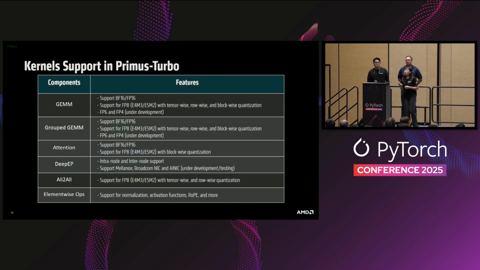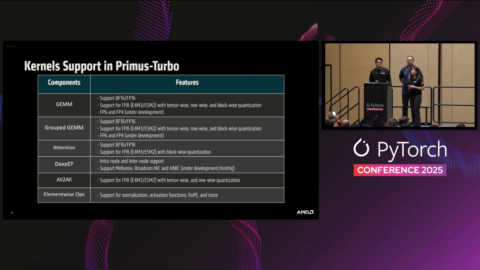Here is a table summarizing all the kernels we support in Primus Turbo. For GEMM and grouped GEMM, we support BF16 and FP16. We support FP8 with tensor-wise, row-wise, and block-wise quantization. FP6 and FP4 support is coming soon. For the attention kernel, we support FP16, BF16, and FP8, including FP8 with blockwise quantization.